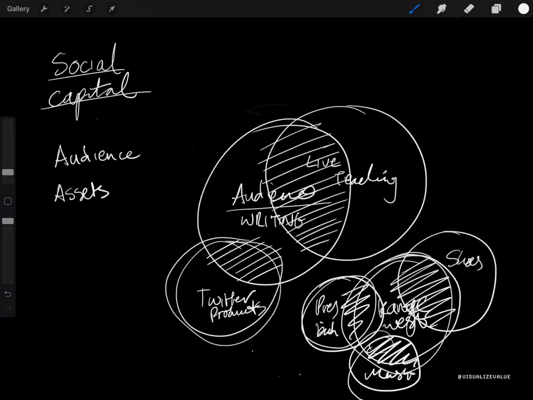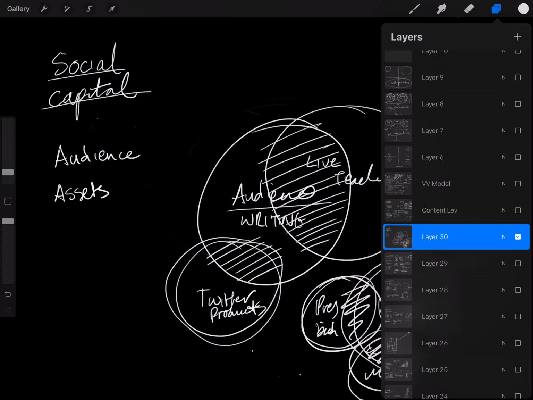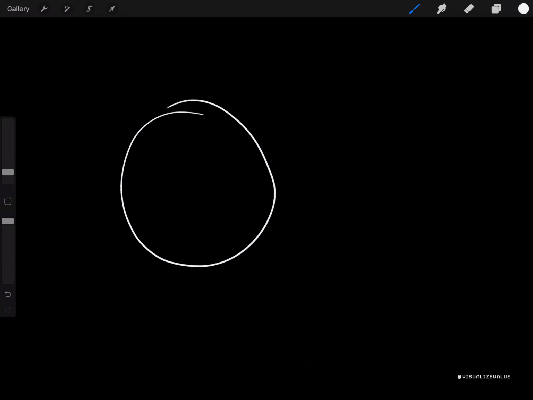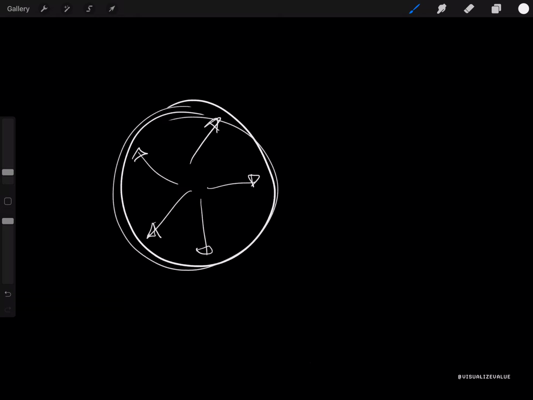But essentially, social capital, the way I like to frame this and think about this is if you can imagine where your audience's interests and the content that you put out creates this type of person or this type of audience, all of these different interests that you're combining over time result in this larger and larger reach.